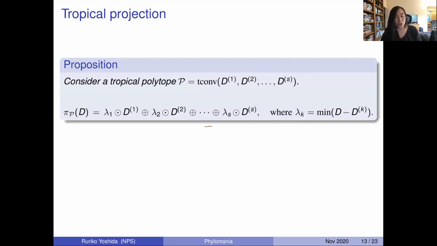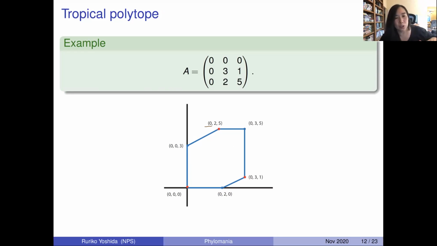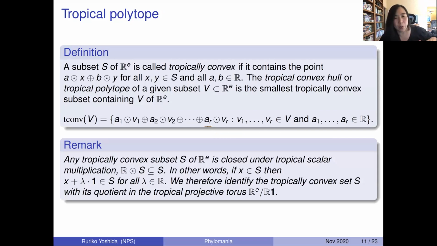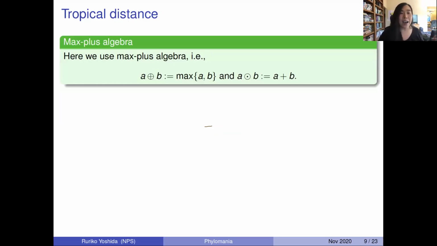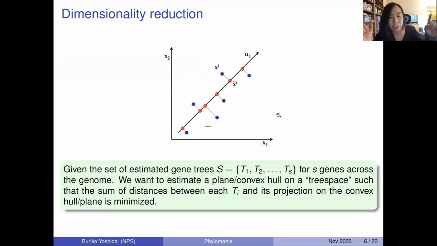Okay, and another tool we need is, remember, I'm sorry to go back and forth. So now the problem is I want to find the tropical polytope such that it minimizes the sum of the tropical distances between the red points and the blue points.